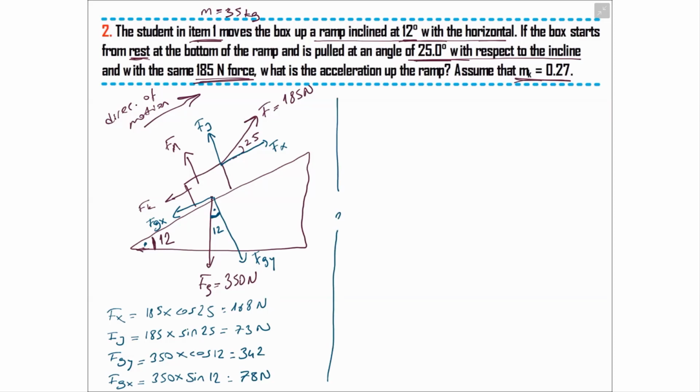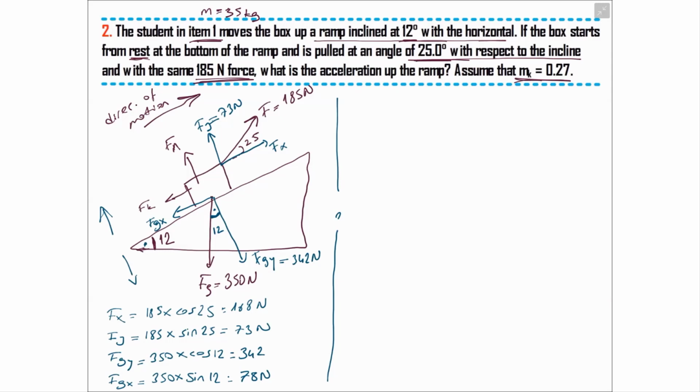Next step, we have to calculate the normal force. If we talk about the normal force, in this direction we have Fy, which is 73 Newton, and we have Fn, and downward we have Fgy, and that Fgy equals 342 Newton. This direction of the force and this direction of the force must be equal to each other.